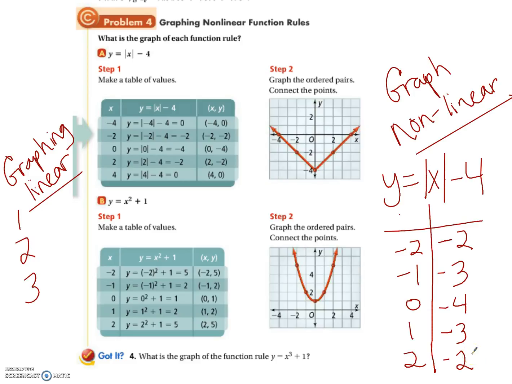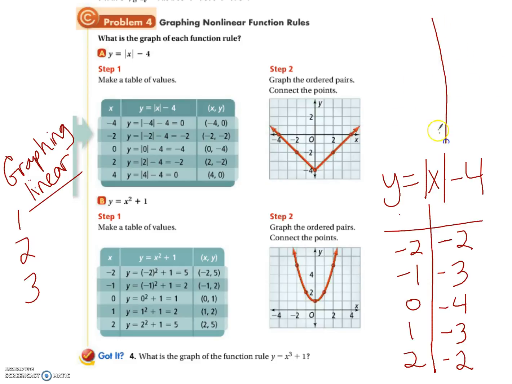Then we're going to go to our graph and graph it. Just use your points. So we have negative 2, negative 2; negative 1, negative 3; 0, negative 4; 1, negative 3; 2, negative 2.